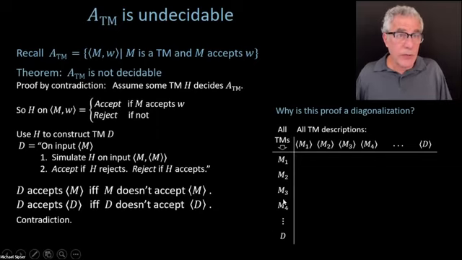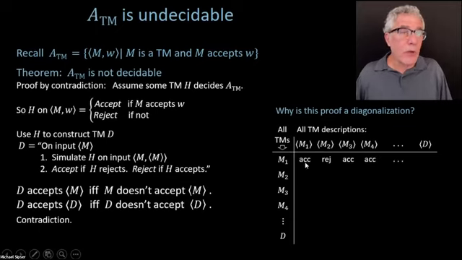So D appears here somewhere, but here are all the other Turing machines. And here are all of the descriptions of the Turing machines, labeling all of the columns. So these are the row labels, these are the column labels. And inside, I'm going to tell you the answer for whether a given machine accepts a given input.